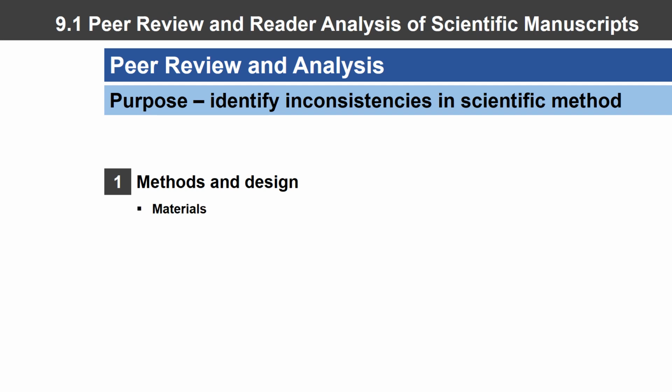Right away, we're going to start with the materials. This section should give you a thorough description of all the solutions and reagents and chemicals that were used to perform the study. And you need to think about them very closely to see if they're aligned with what consistently is being used in your field.